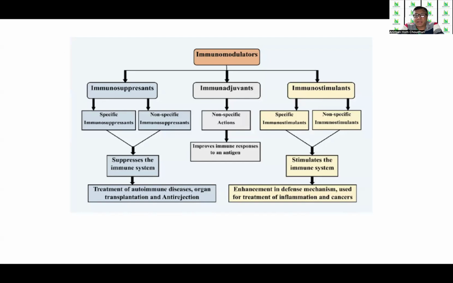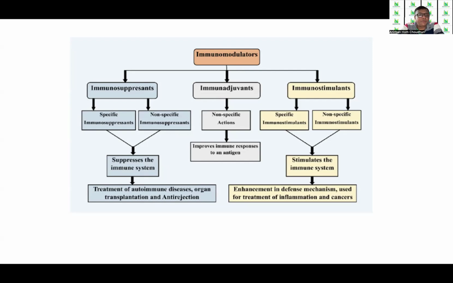Immunosuppressants have a role when there is active inflammation where the body itself is causing harm to its own self as a result of unabated inflammatory reaction or response.